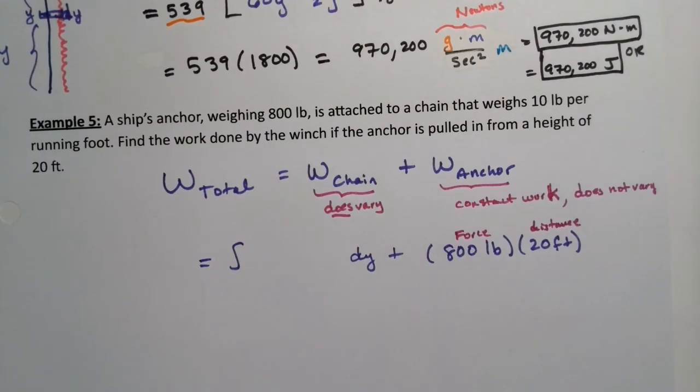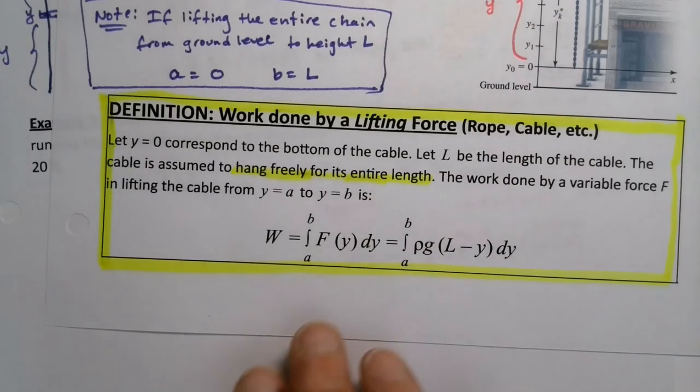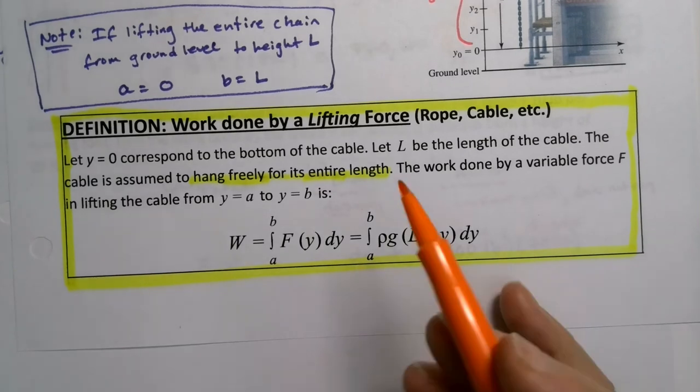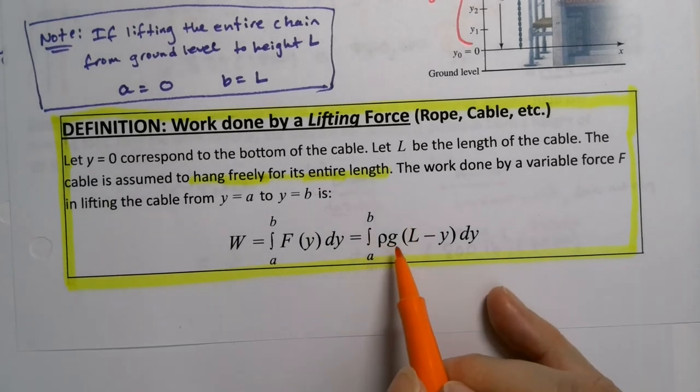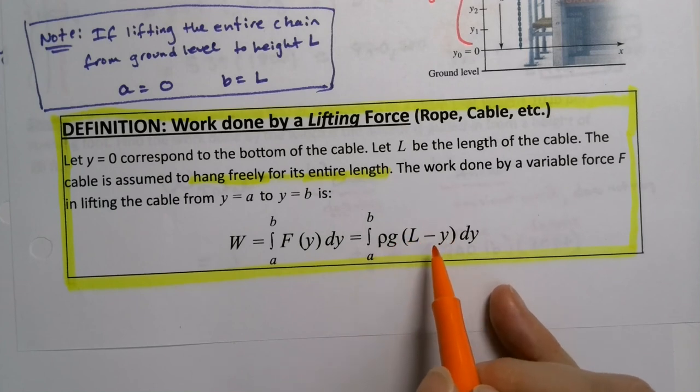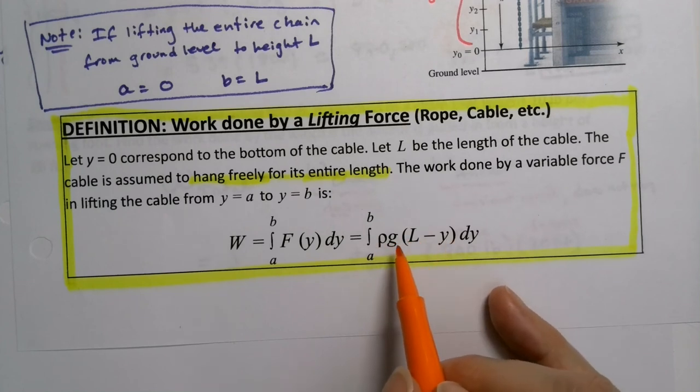All right, so then the chain. We need the integral of force times distance, right? So we need density times gravity times the lifting point. But density times gravity will get us weight, which we already have.